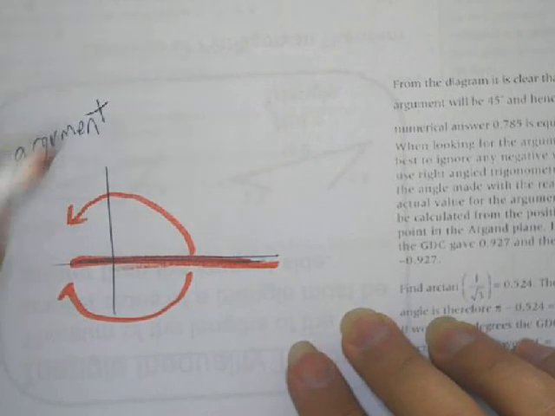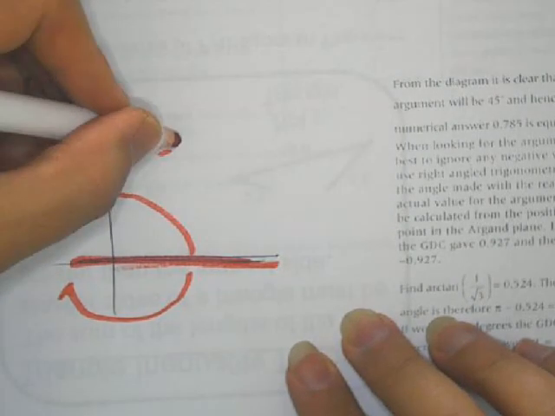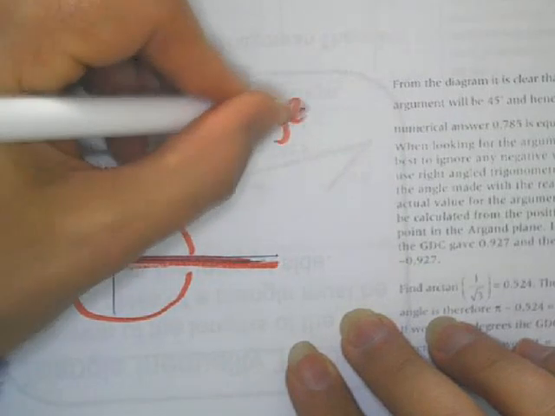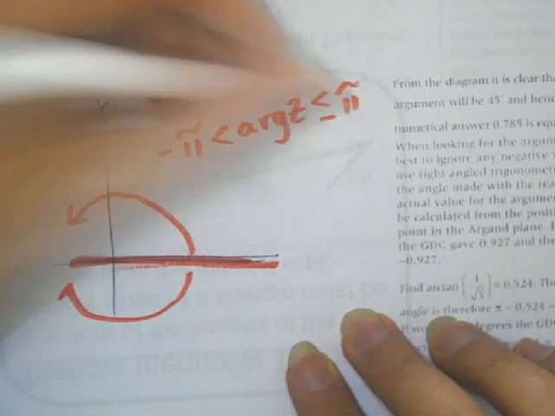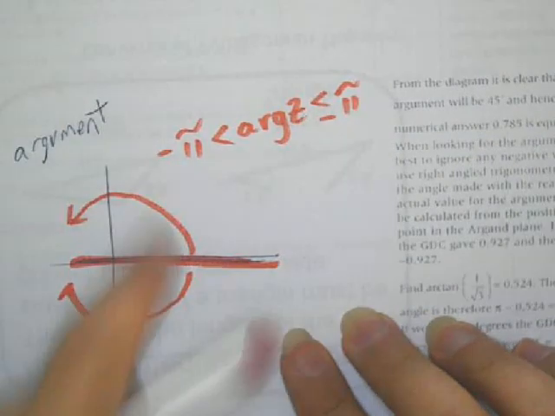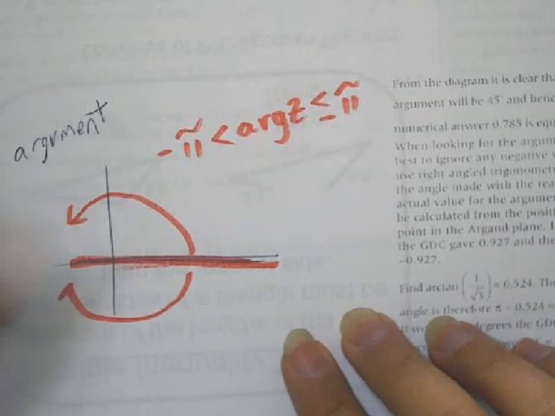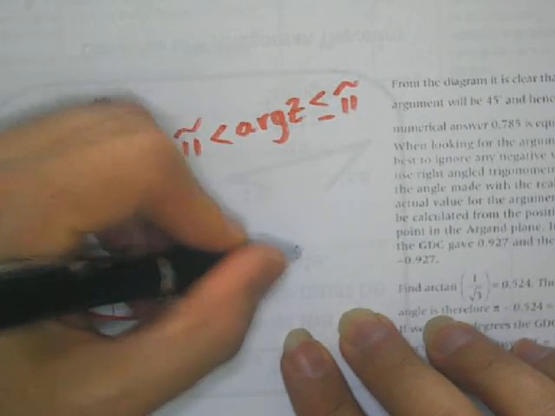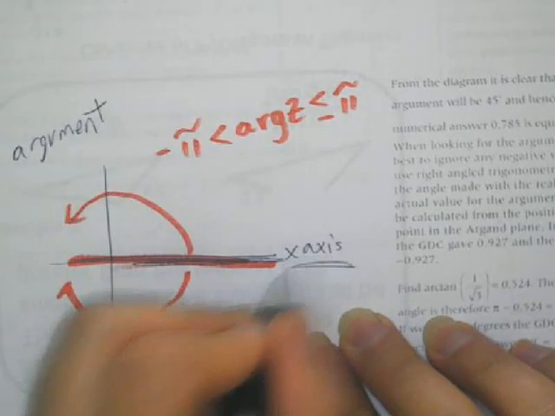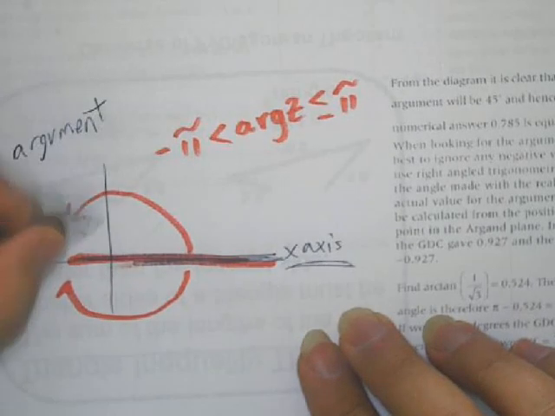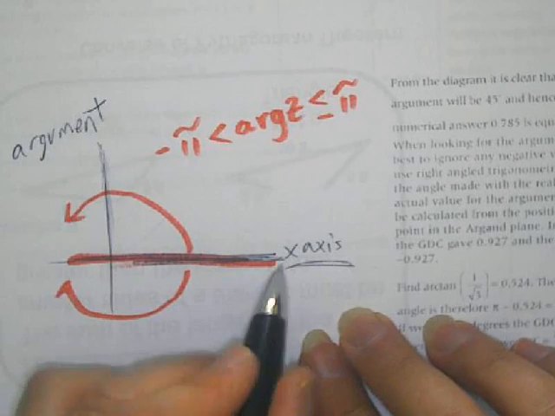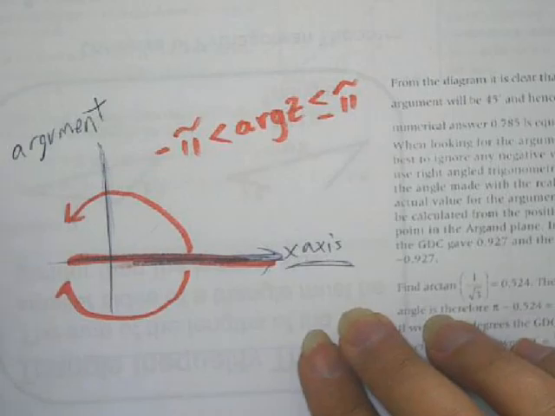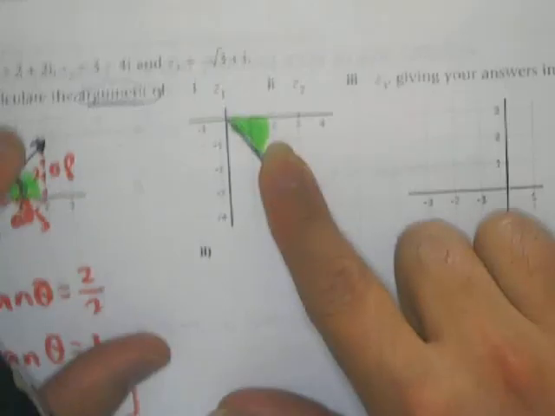So it's between negative pi and pi. We're trying to find the angle that we have from the x-axis. Unlike when we're doing bearings, where north is 0, with imaginary numbers, the x-axis is 0. So here we're going to have a negative value because it's going down.